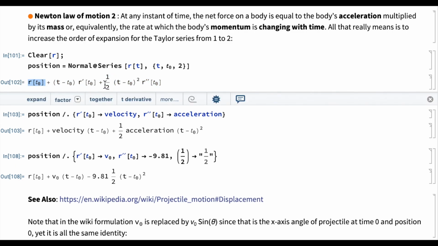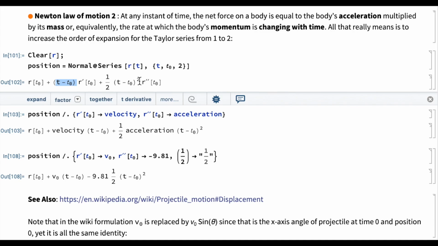You get position at time 0 plus R prime, the velocity or speed, multiplied linearly by (t minus t0). Remember, t0 most of the time is 0. And then the derivative causes the Taylor expansion.